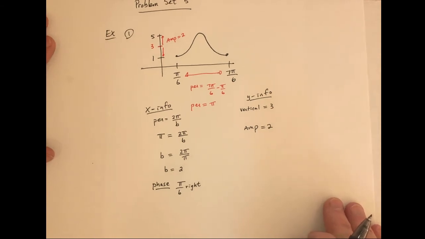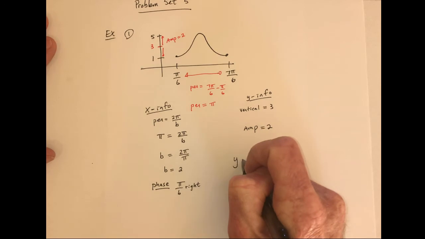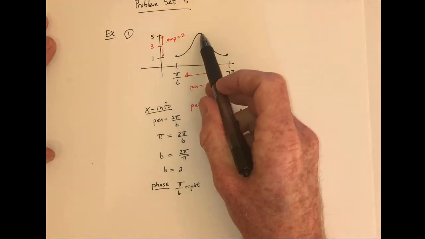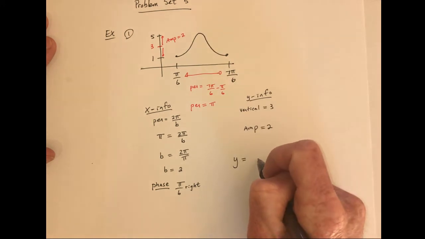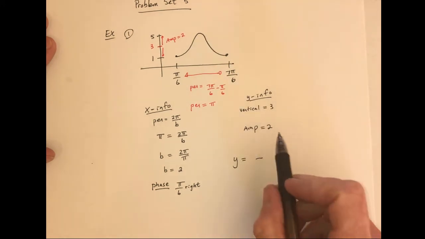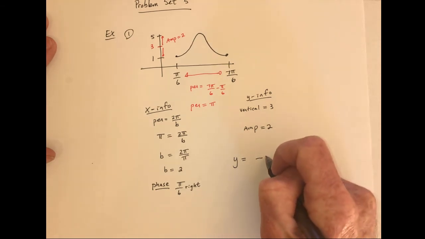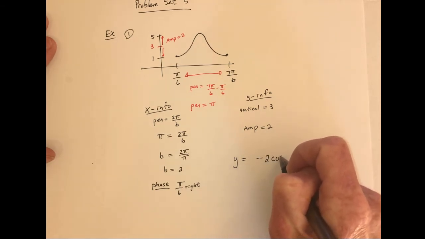And then finally, I have everything I need for creating the function. So it's going to be y equals, because it's starting at the bottom and then going up, this is negative cosine. And this number needs to be multiplied with the cosine, so it's actually negative 2 cosine.